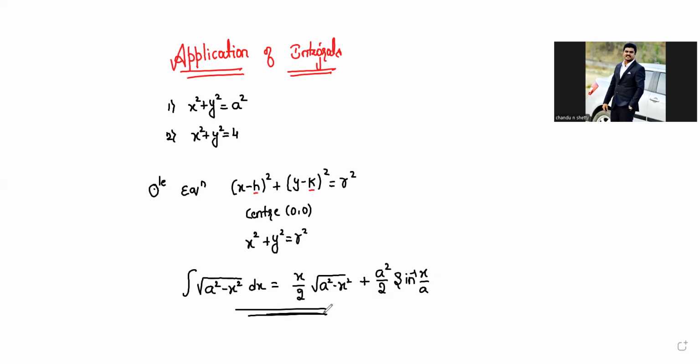Now we are discussing the first question of this chapter: find the area enclosed by the circle x square plus y square equal to a square.